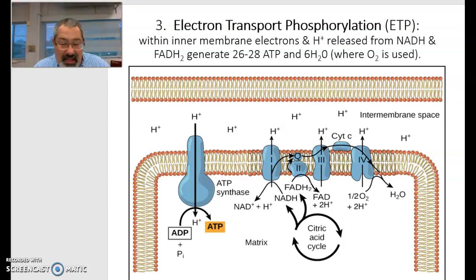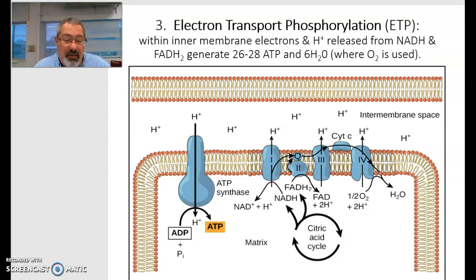These electrons pass through these proteins in the inner membrane. The hydrogen ions build up in concentration in this intermembrane space. The concentration of hydrogen ions becomes very high. It sets up a concentration gradient, and the hydrogen ions then flow back into the matrix of the mitochondrion.